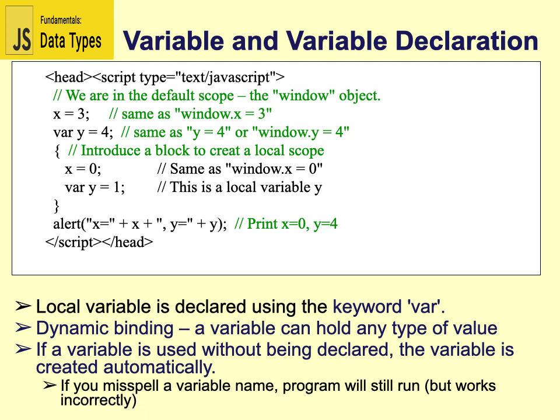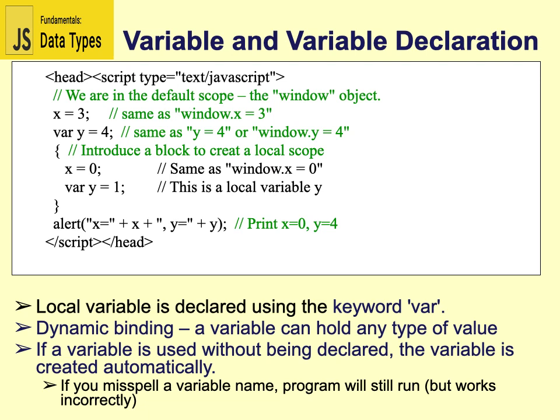For local variable declaration, we will be using the keyword var. If you misspell a variable name, the program will still run but works incorrectly. In our program, we have declared two variables, x is equal to 3, y is equal to 4. So y is a local variable because the var keyword is used before y.